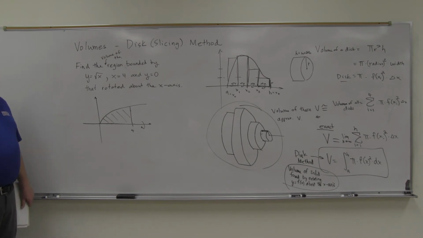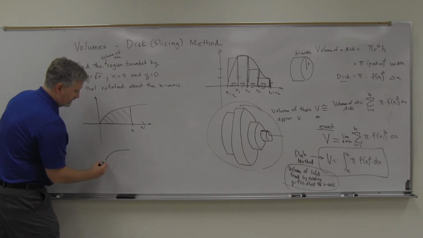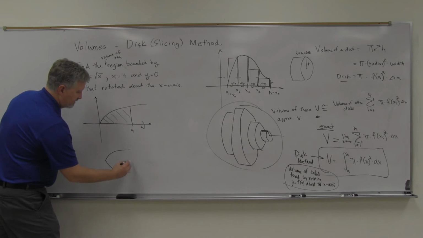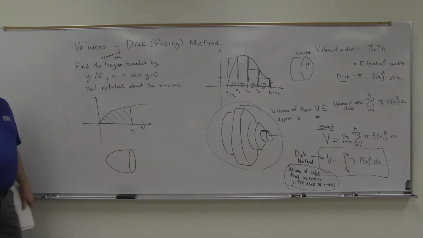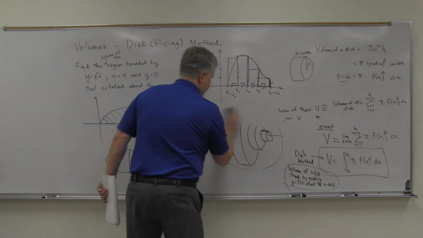Sometimes it's fun to think about what shape you get here. Wouldn't it kind of be a bullet shape? So I'm finding the volume of this shape here, sort of my rendition of it. Yeah, this is the disk method.